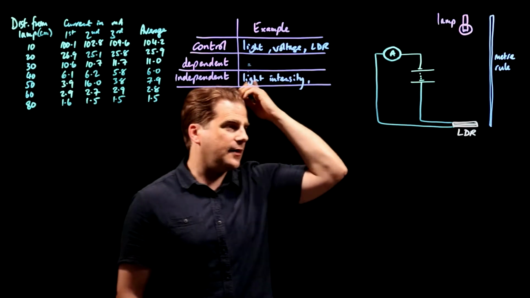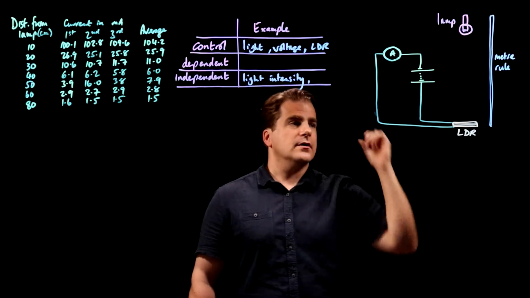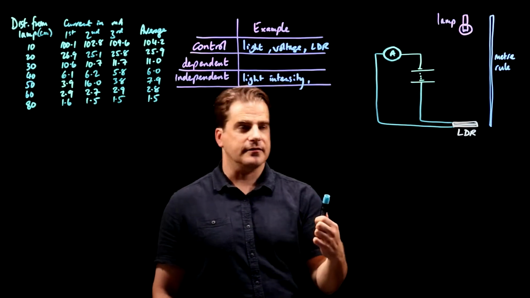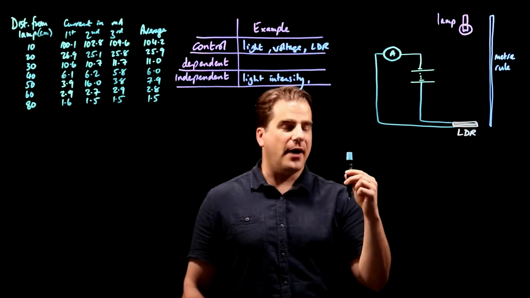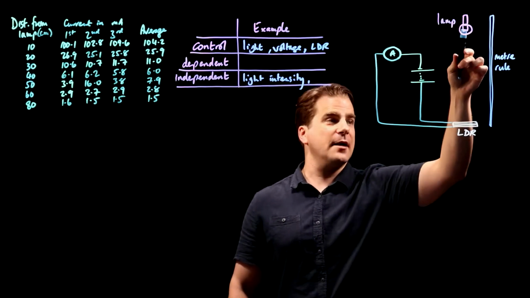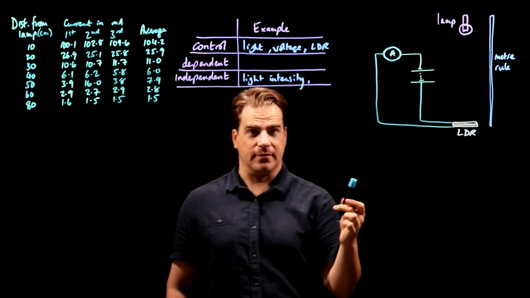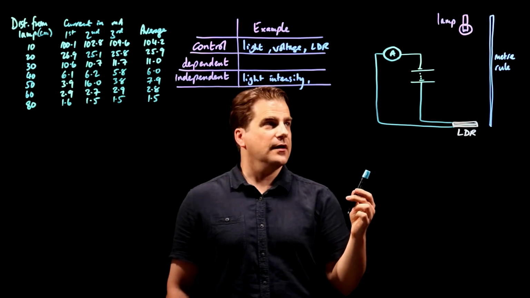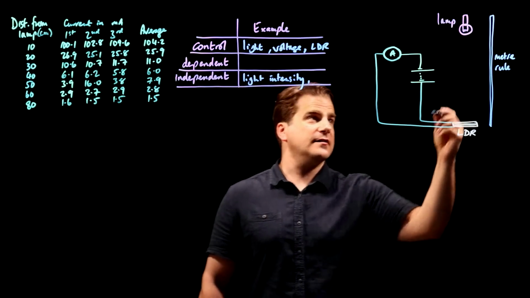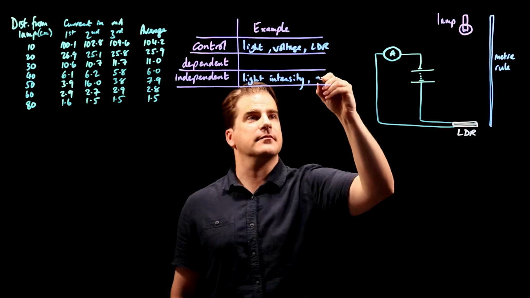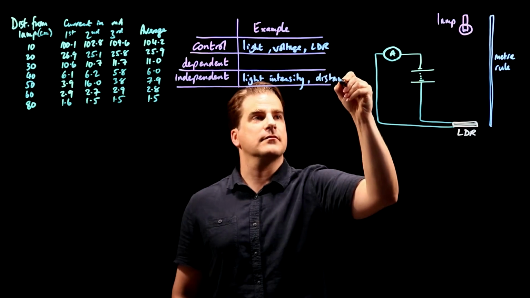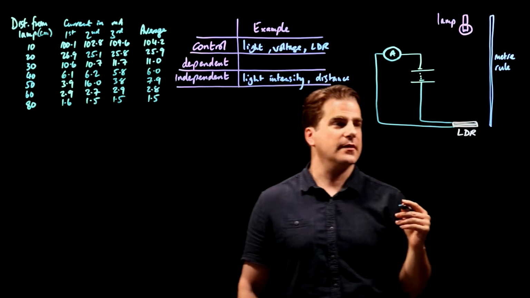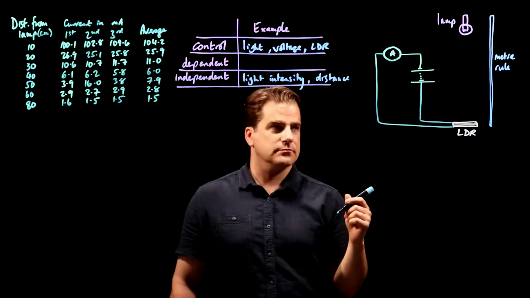Okay? Now, we're changing the light intensity by changing the distance that the lamp is from the LDR, okay? So you could also write distance there, okay?